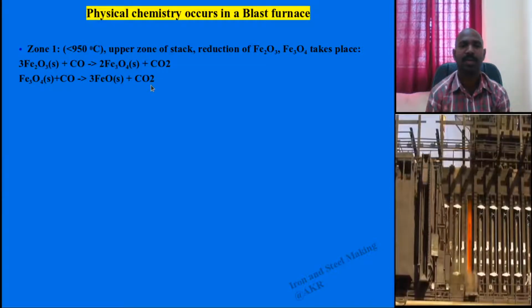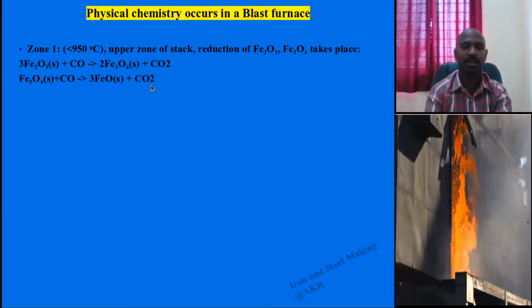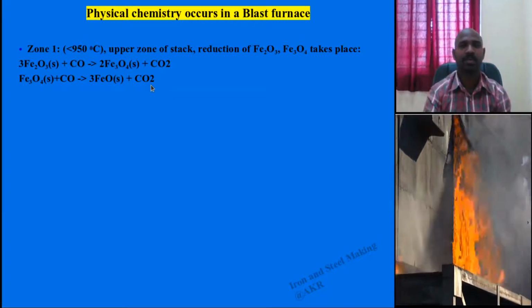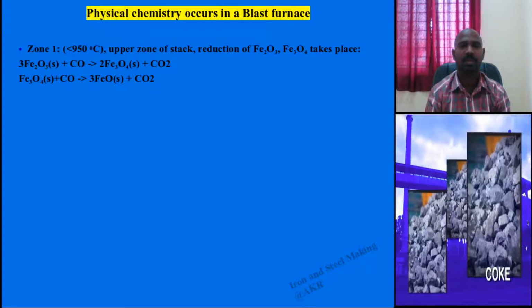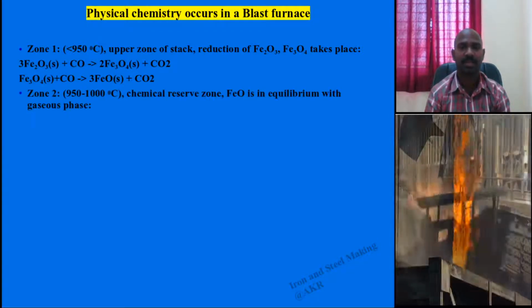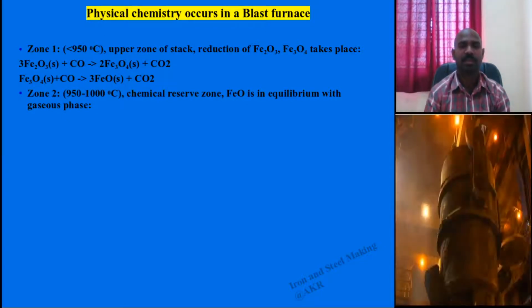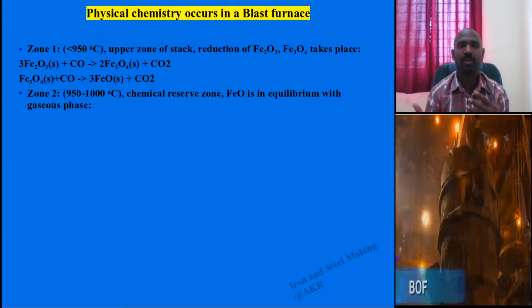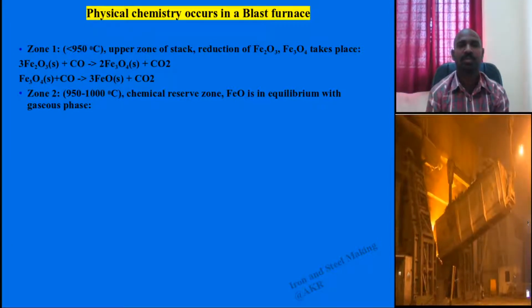This CO2 goes to the top and moves through the gas uptakes, is collected in the dust catcher, cleaned and stored in the blast furnace stoves. And coming to zone 2, the temperature as said is 950 to 1000. All temperatures less than 950 is called zone 1.